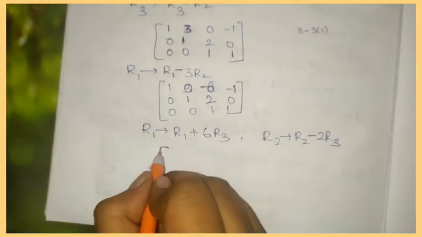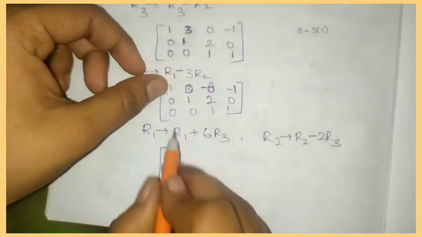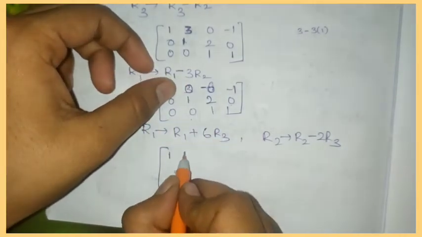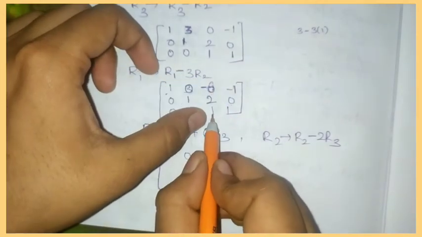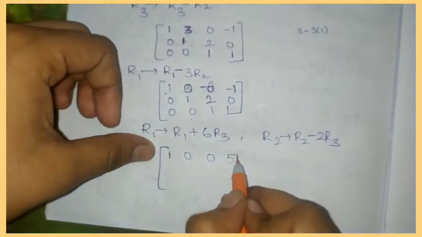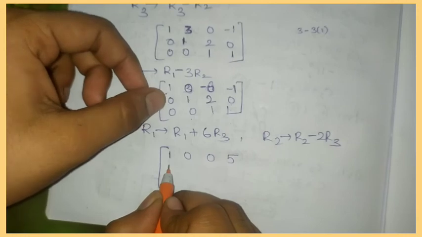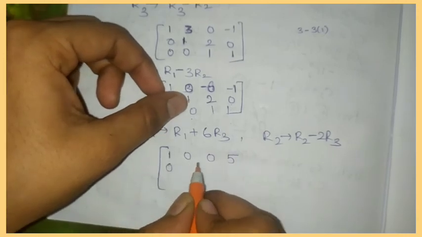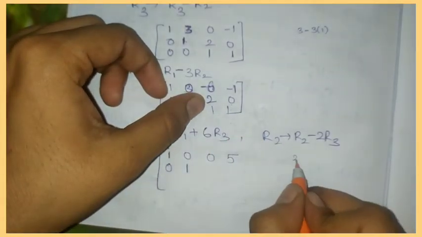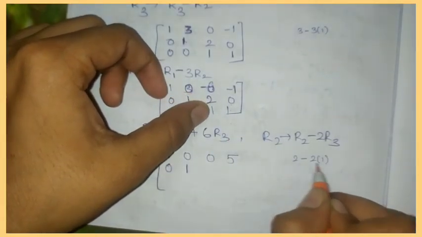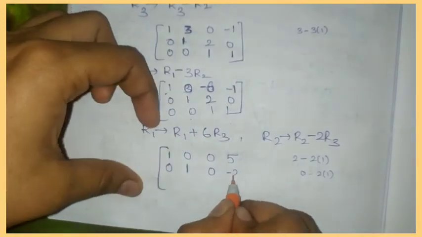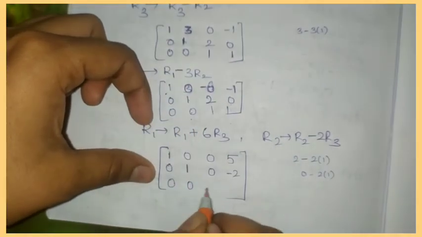Okay, first we will write r1: 1 0, plus 6 into 0 is 0, minus 6 plus 6 is 0, minus 1 plus 6, it will be 5. And here 0 1, minus 2 into 0, 1, 2 minus 2 into 1, 2 minus 2 is 0, 0 minus 2 into 1 is minus 2, and 0 0 1 1.